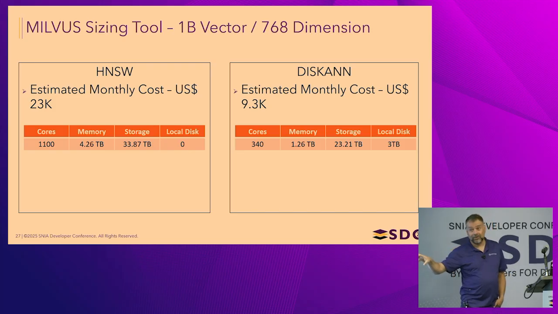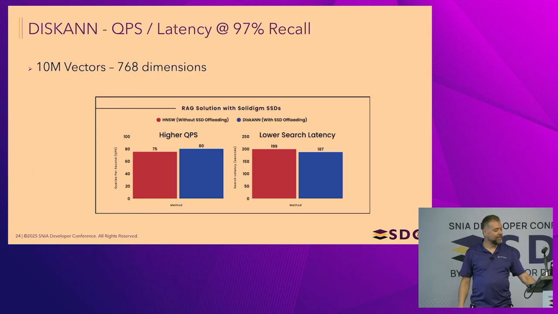Obviously, we have local disk, which on HNSW we don't need because it's all memory. We're reading from remote storage. But the point here is if I put that in a cloud, I'm spending $9,000 against $23,000 monthly to have basically the same result, same quality of service.